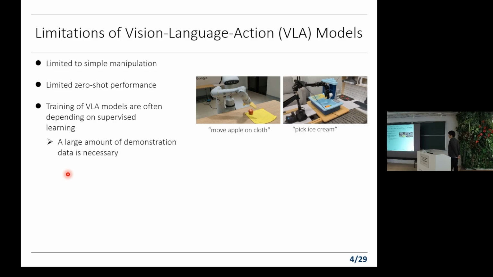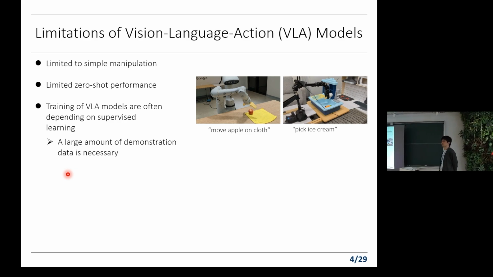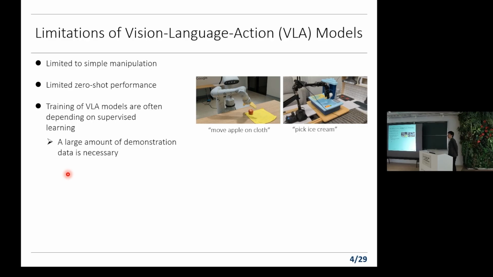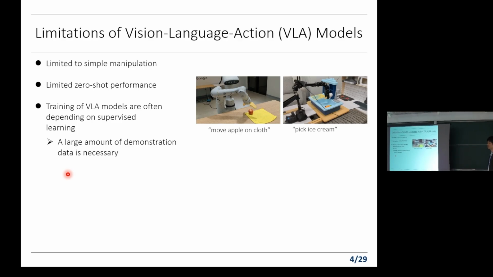As I said, we have already used nearly 1 million trajectories for training this kind of models. So if we want to have more complex behaviors, then probably we would need much more demonstrations. This is really almost infeasible for a single small laboratory.